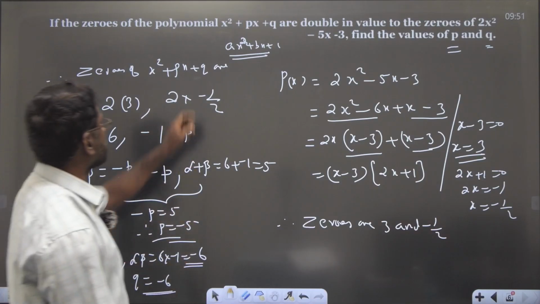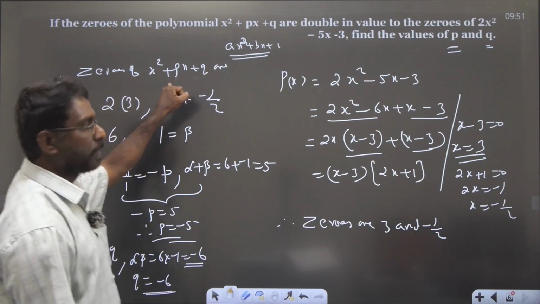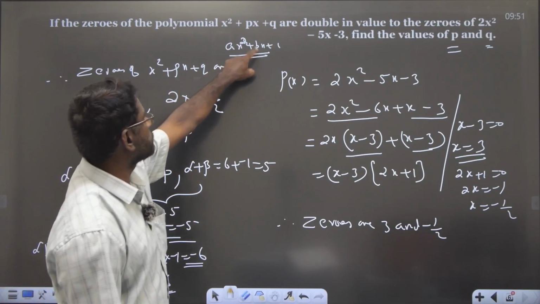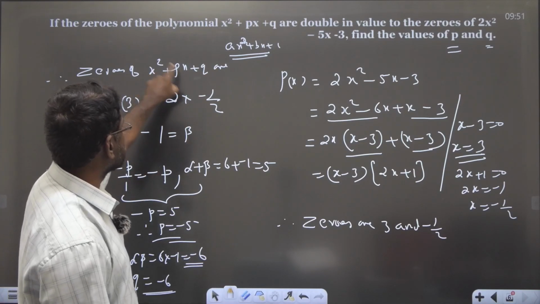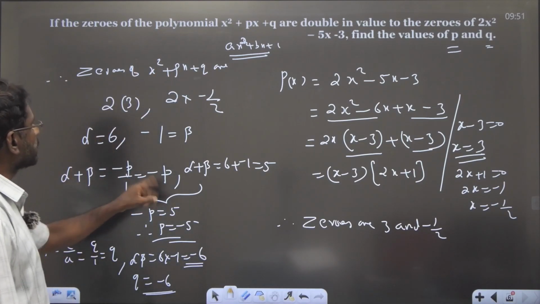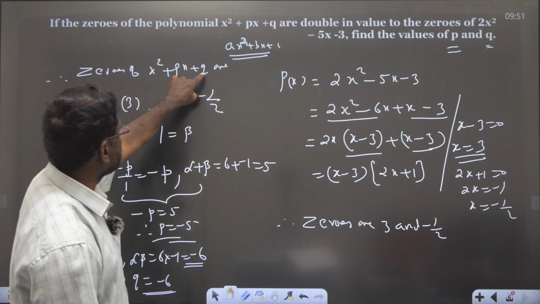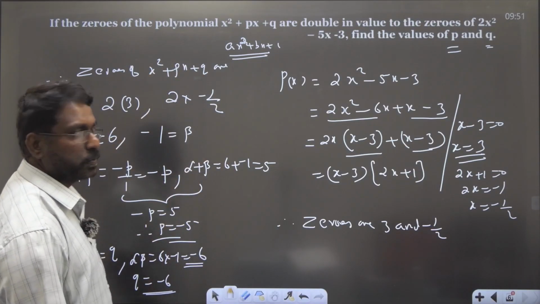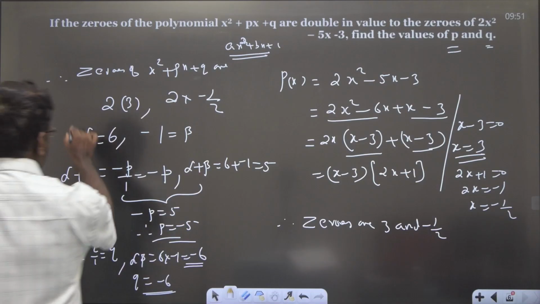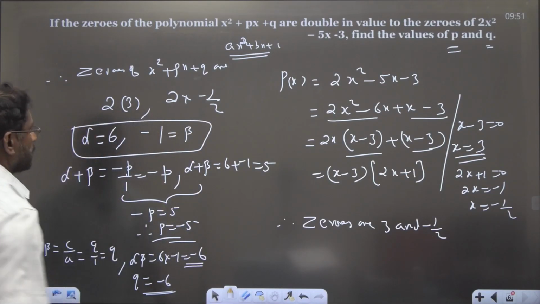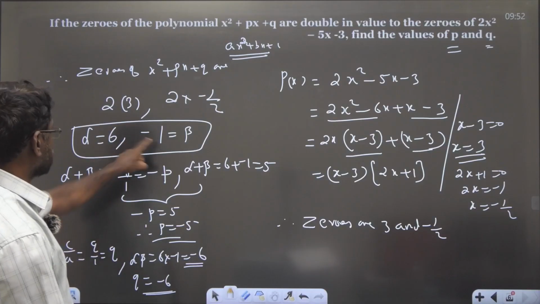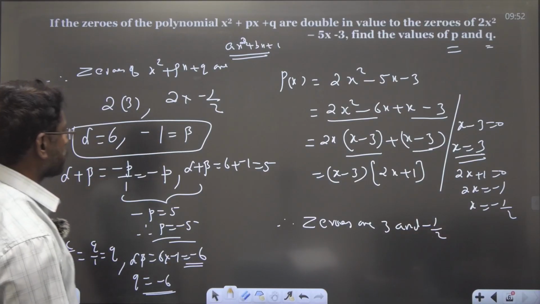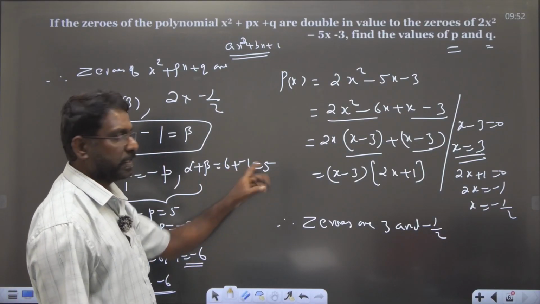In the place of b we get p, and a is 1. Therefore alpha plus beta is minus p by 1, that is minus p. Similarly, alpha beta is q by 1, that is q. But we have alpha equal to 6 and beta equal to minus 1. Therefore alpha plus beta is 6 plus minus 1, that is 6 minus 1, which is 5.